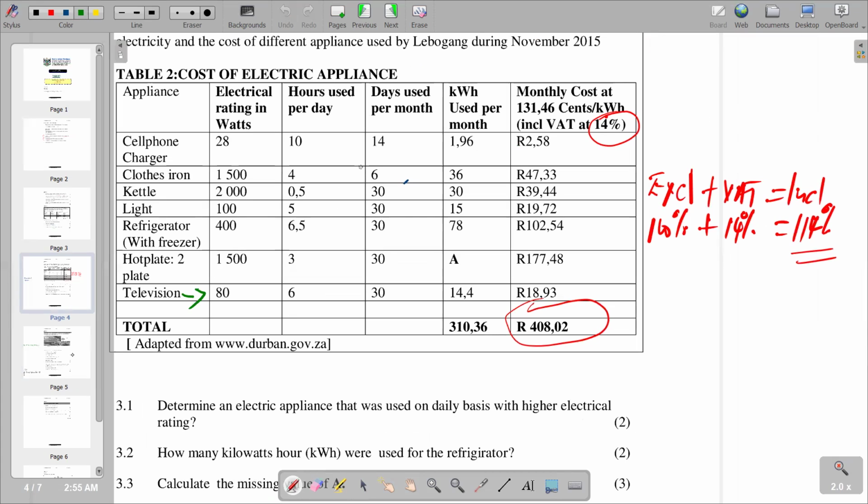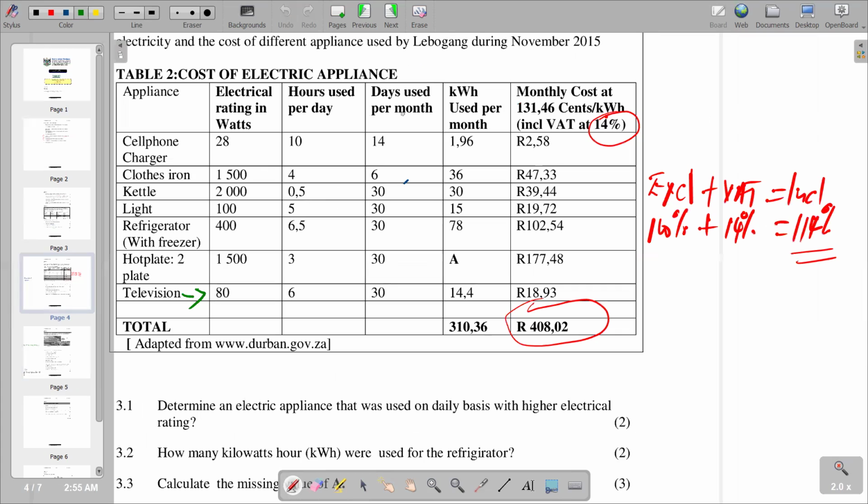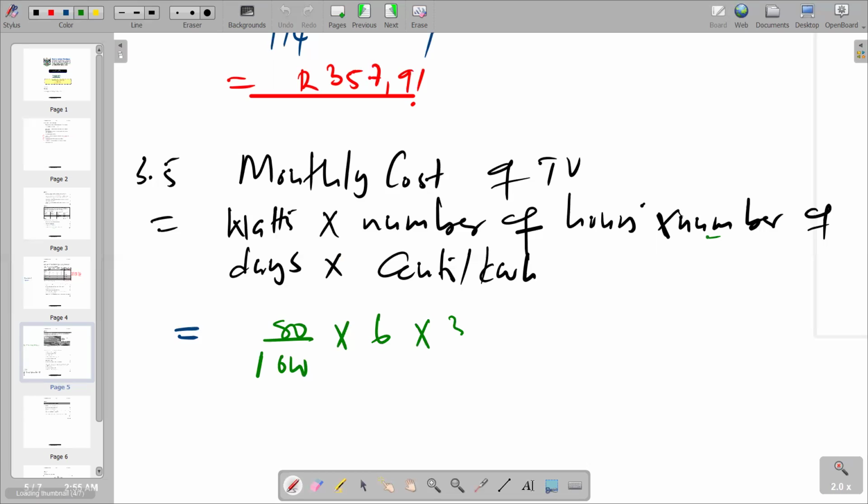So we're going to multiply by 6. Then we multiply by the number of days, which according to information given is 30. So we multiply by 30.